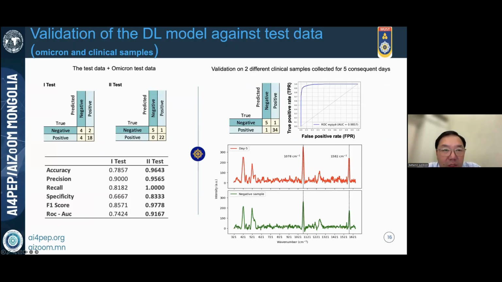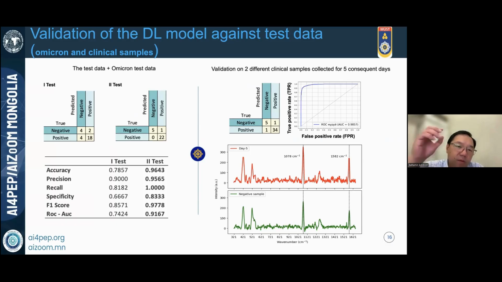On the other side, we tested the models in several ways. In the first test, we mixed 22 Omicron positive and 6 negative samples to test the machine learning model. These samples were not used for training or tuning the models before.